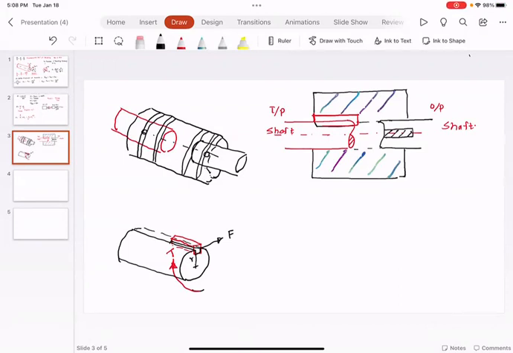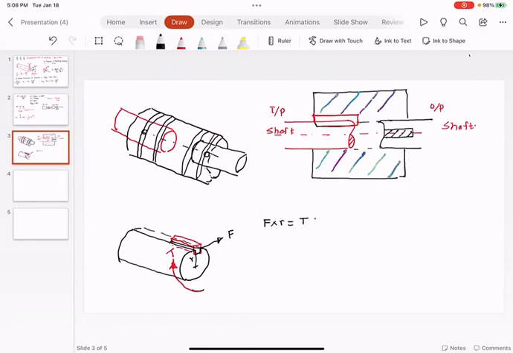So on this key there is this force times the radius. So F times R is equal to torque.